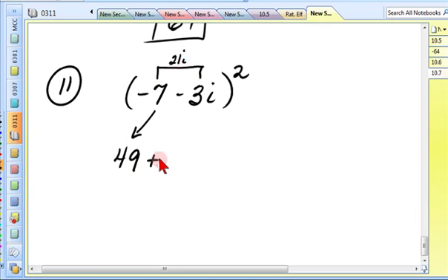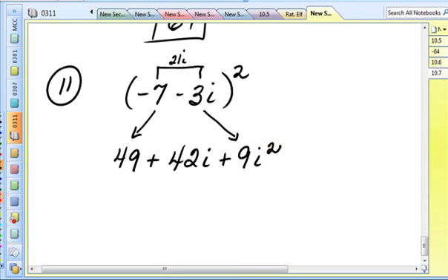But what will the middle term be? Yes, 42i, because it's always double. That represents the inner and the outer product. And then when we square the last one, -3i times -3i will be positive 9i squared.